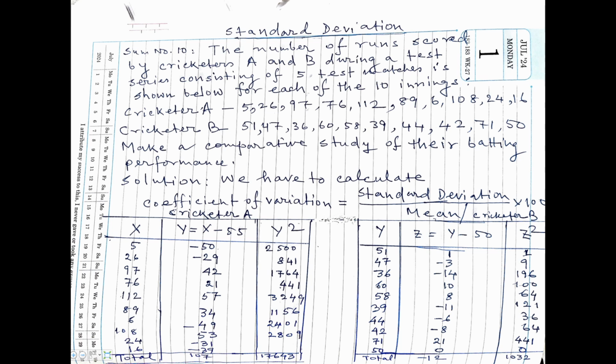The variation of runs is less in the case of the cricketer whose CV is less, and we will prefer the cricketer whose variation is less, actually who is scoring consistently.